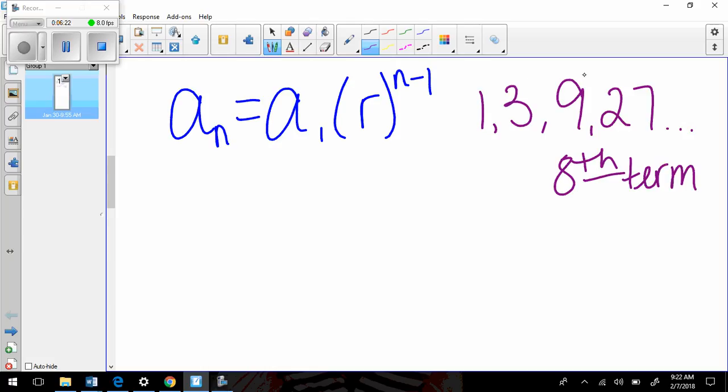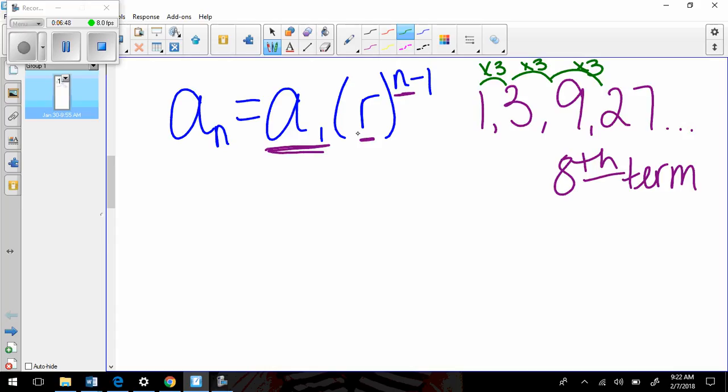So instead of multiplying out each time to find the 8th term, I am going to just plug my numbers into this equation. I know the first term, I can find the rate, and I know the term that I want to know. What is the rate? What's happening here? I am multiplying these by 3 to get the next number.